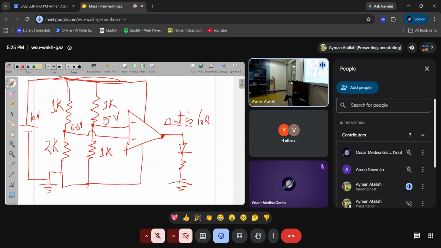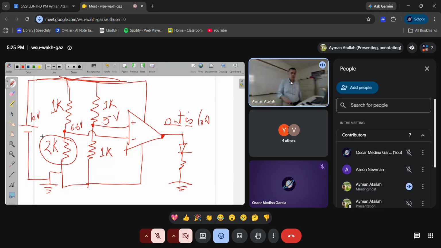Okay. If something happened, okay, so let me think of this. If this is a light dependent resistor or photoresistor, okay? If it is a photoresistor or something like a thermistor, I'm going to give you a thermistor today to check it. A thermistor is a resistance whose resistance decreases with temperature.